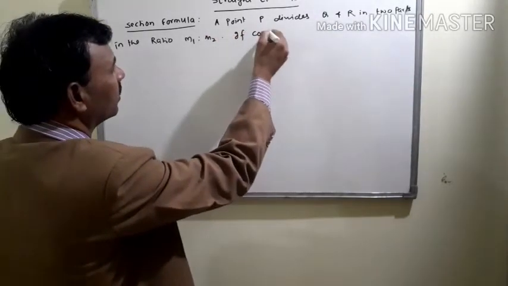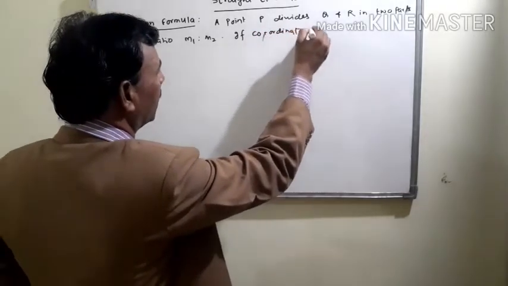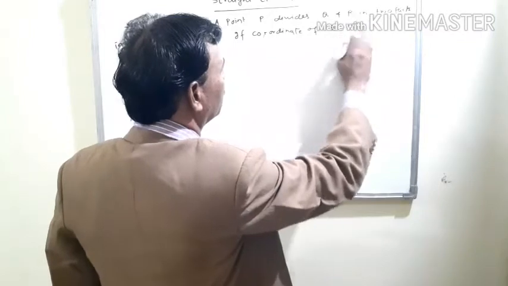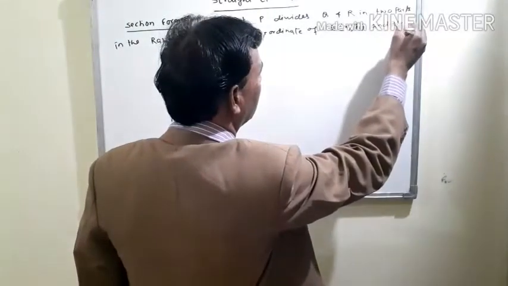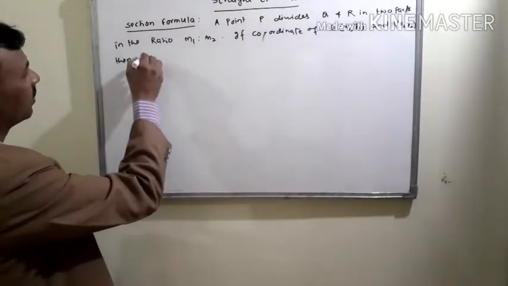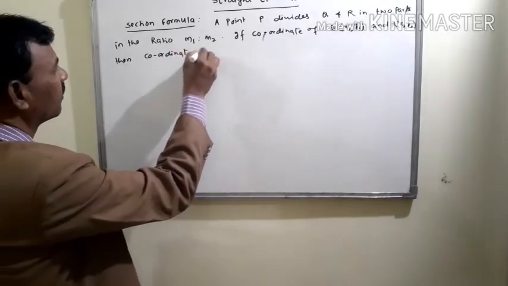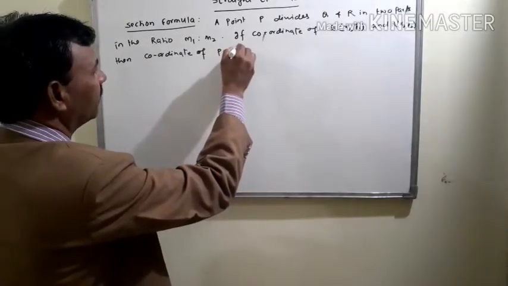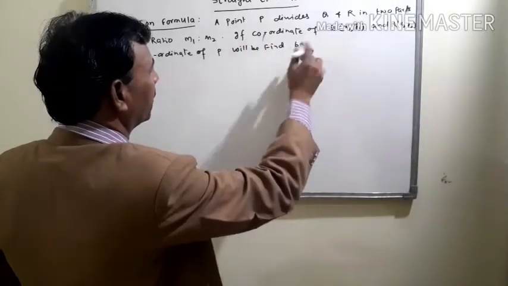If coordinate of Q is (x1, y1) and R is (x2, y2), then coordinate of P will be found by section formula.